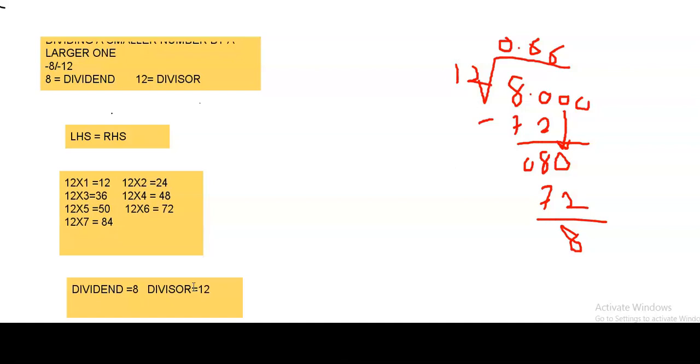And the quotient, which is our final answer, is going to be 0.66. Okay, let me say 0.67. So this is our final answer, 0.67.